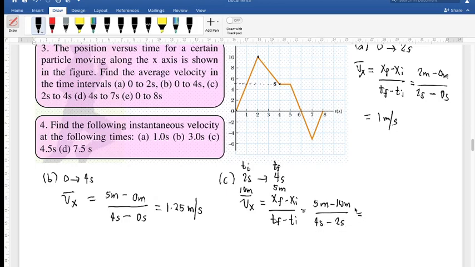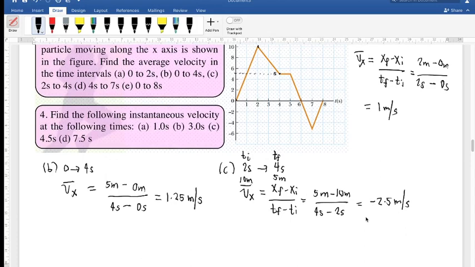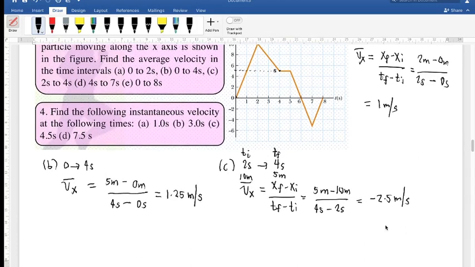So the average velocity is equal to negative 2.5 meters per second. Meaning, if your value is negative, your particle is moving in the negative x direction.